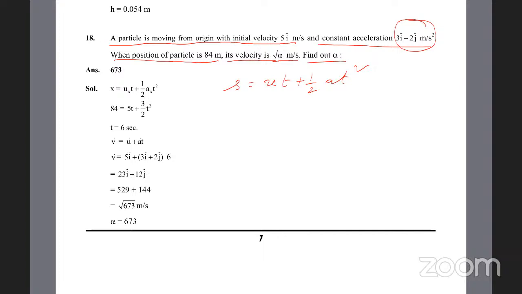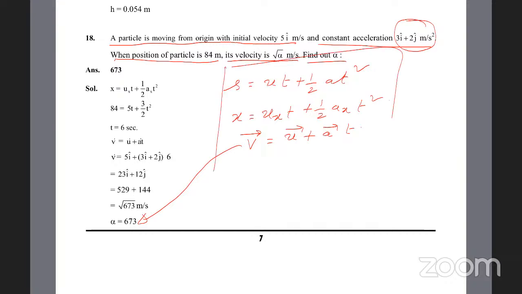You can also apply x is equal to ux t plus half ax t square, and velocity v is equal to u plus at. From this you can find the alpha value. So basically it is based on S is equal to ut plus half at square and v is equal to u plus at form. This concept, that is kinematics.